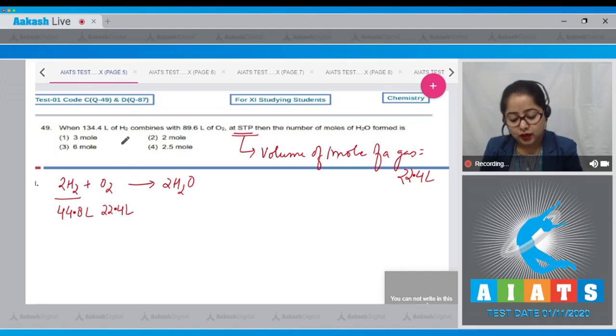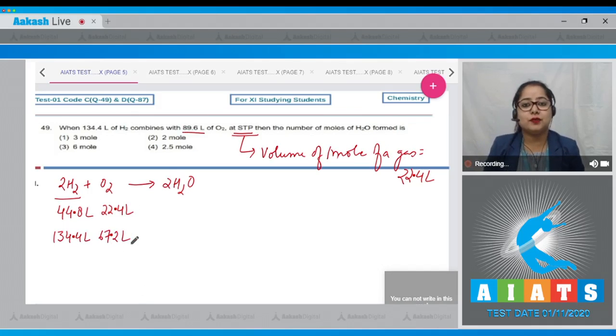That means if H2 is 134.4 liter, the amount of O2 required is 67.2 liter. But here 89.6 liter of O2 is given. That means H2 is a limiting reagent and O2 is present in excess. Also, we know that the amount of product formed depends upon the limiting reagent. So the amount of water formed will be dependent upon the amount of H2 given.